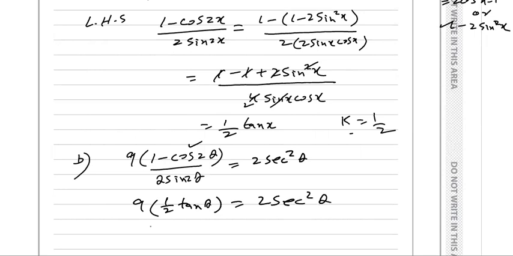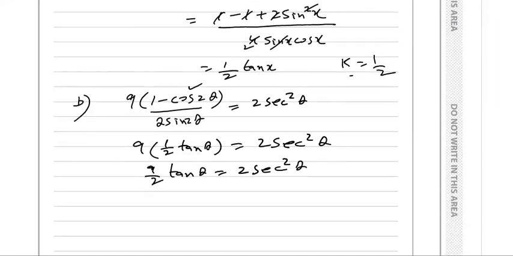And now this will become 9 over 2 tangent theta equal to 2 secant square theta. And this one is a trigonometric equation, and we want to solve it. To solve a trigonometric equation, we try to convert it into a single trigonometric ratio. This is tangent and secant, so I will convert it into one form.